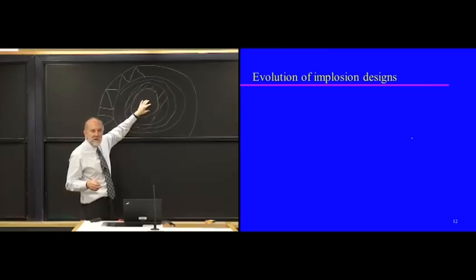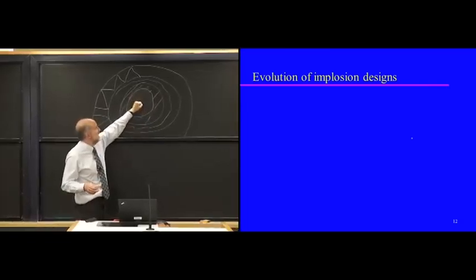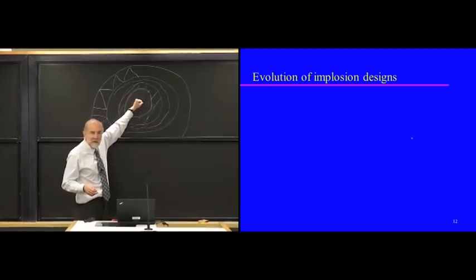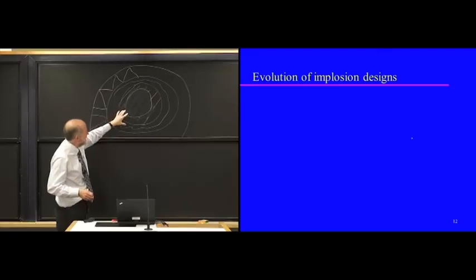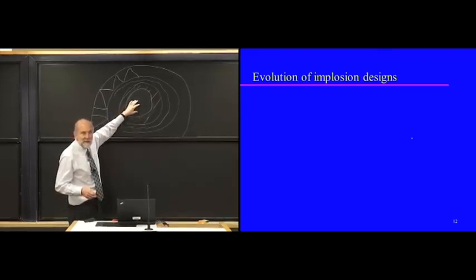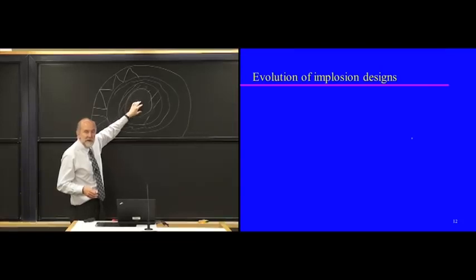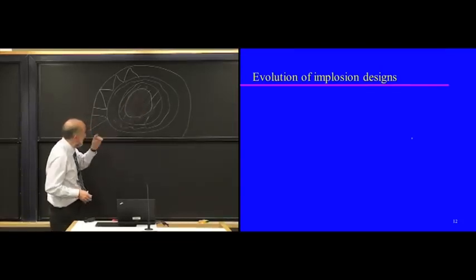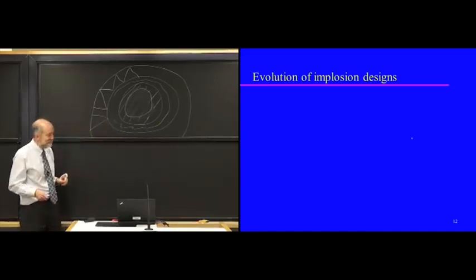It doesn't become a critical mass until it's all crushed down in the middle. And it's much easier for the explosives to crush it at high speed because there's this big empty gap in the middle. All right, so that was step one in the evolution.